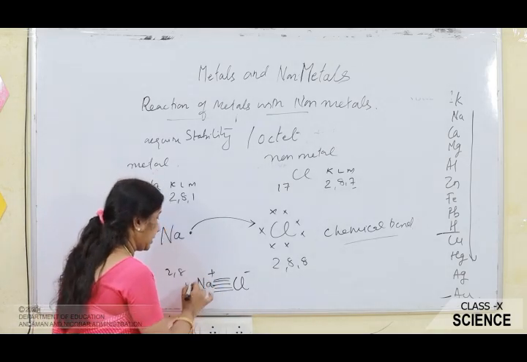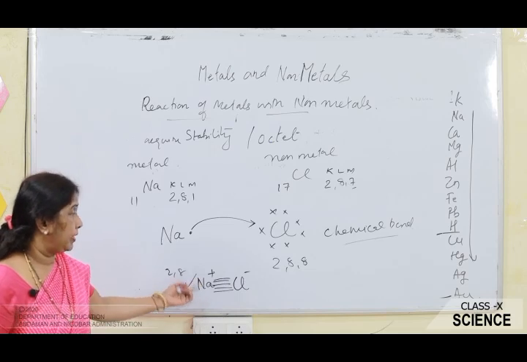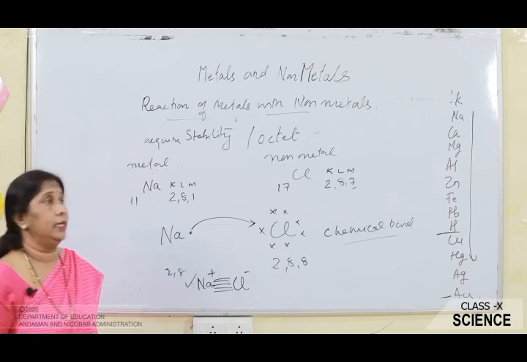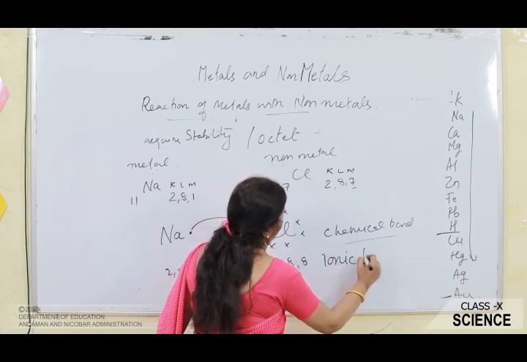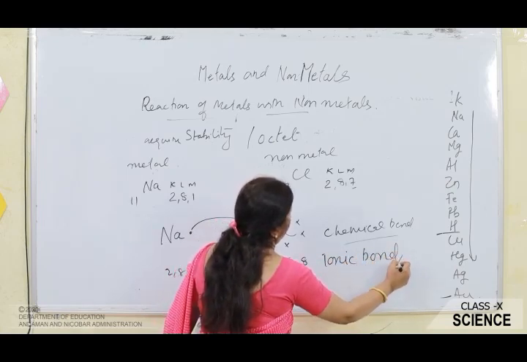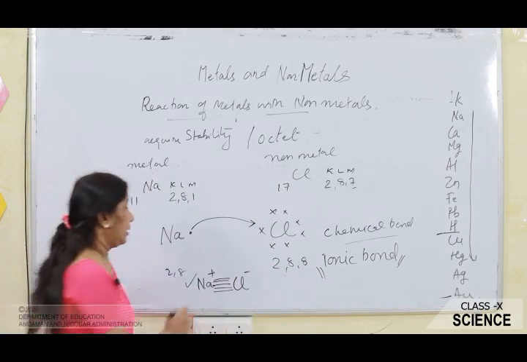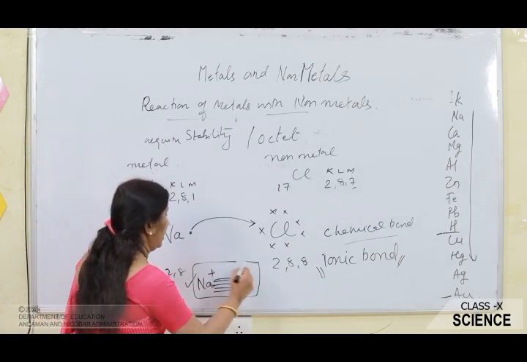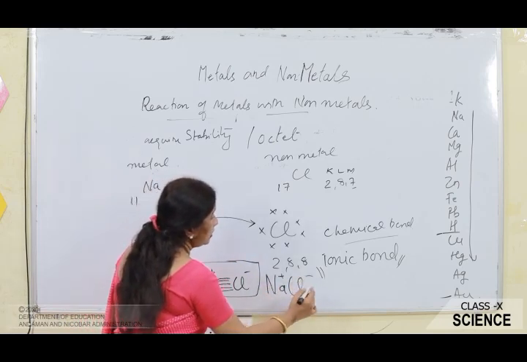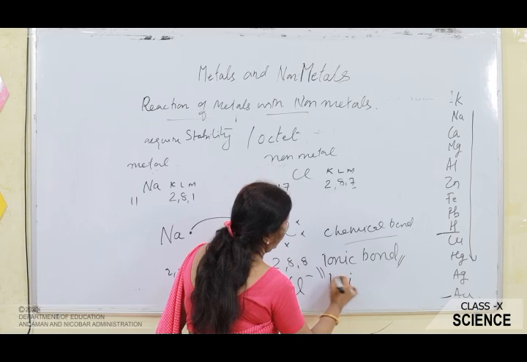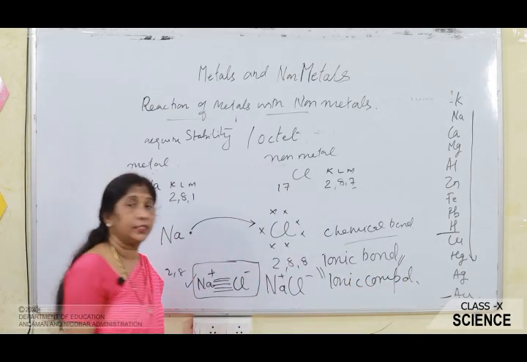And here in this case, the special type of chemical bond between Na+ and Cl- is called the ionic bond. Very important. And the compound NaCl which is formed is called an ionic compound, right.